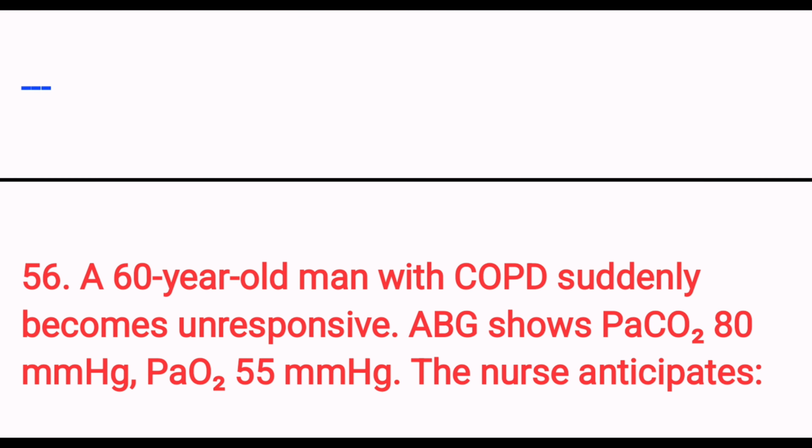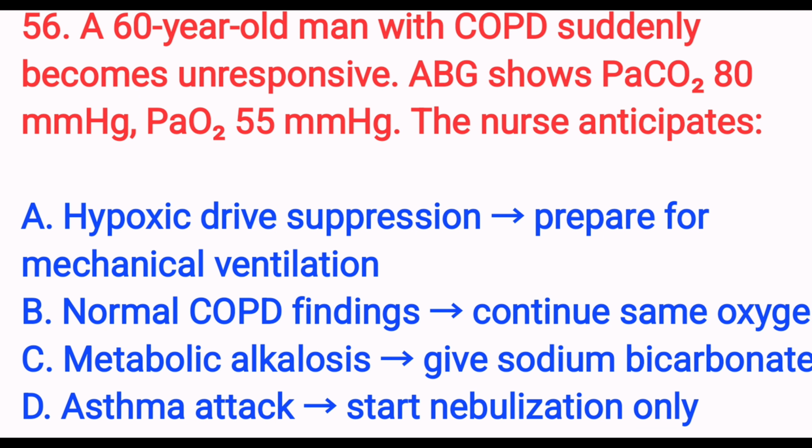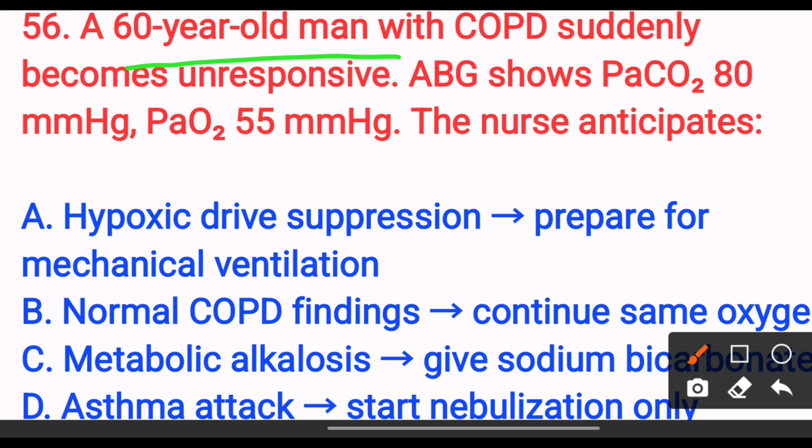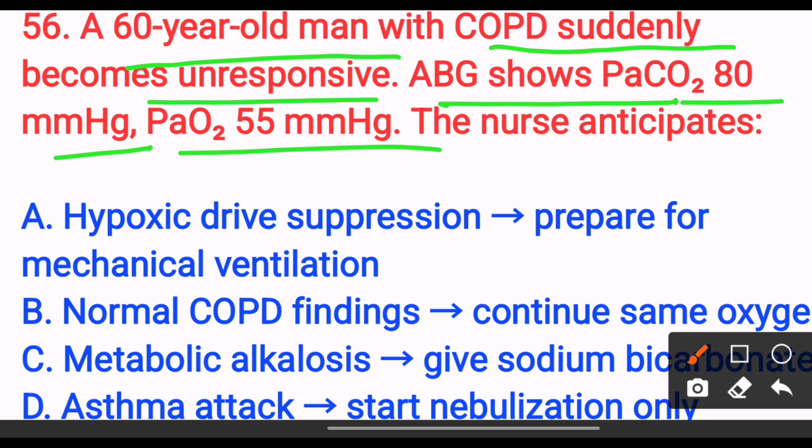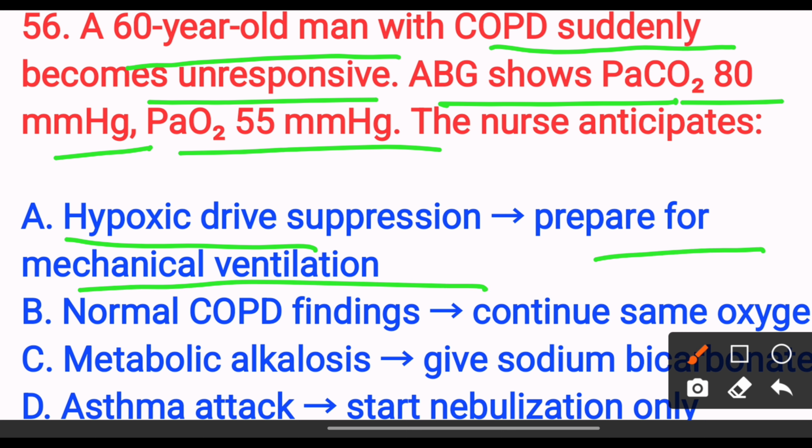Next, a 60-year-old man with COPD suddenly becomes unresponsive. ABG shows PaO2 is 80 mm of Hg, PaCO2 is 55 mm of Hg. The nurse anticipates option A, hypoxic drive suppression. Prepare for mechanical ventilation. Option B, normal COPD findings. Continue same oxygen.